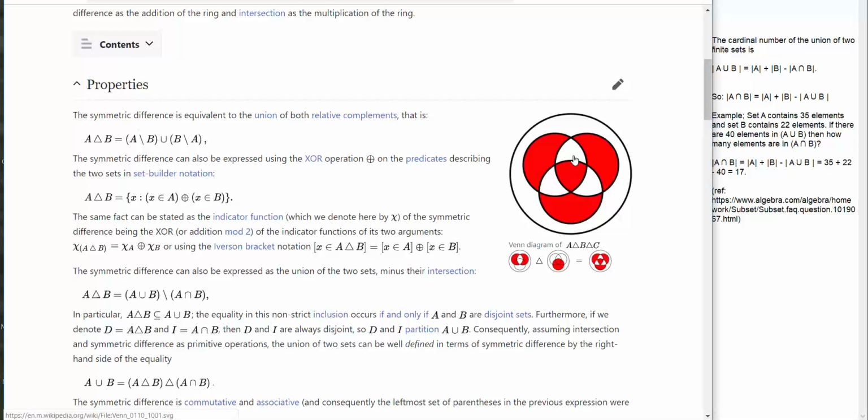Oh no. What? So there's this intersection here. Both are relative complements.